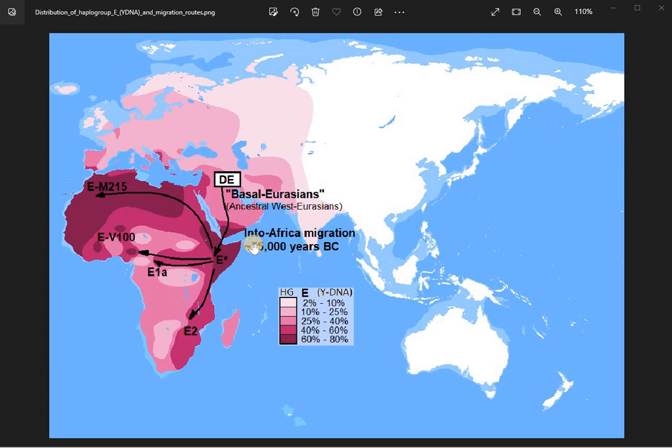And they're mentioning a migration into Africa 75,000 years BC. So in some way you see that it is kind of a confirmation of what I said. They almost or really claim that it comes from DE. D was before O, so it comes from this region or from where D and O come from, which is Australia, and Australia comes from South America.